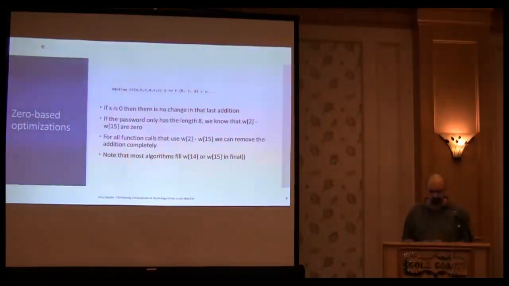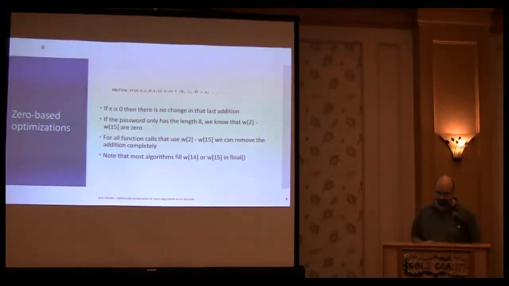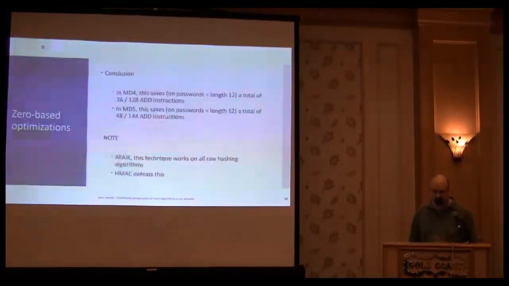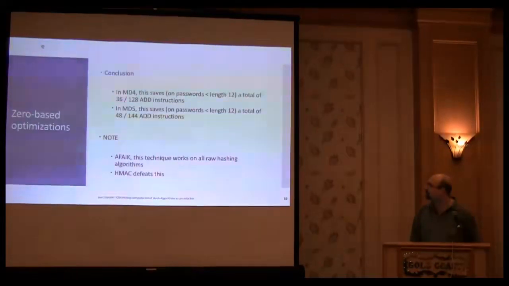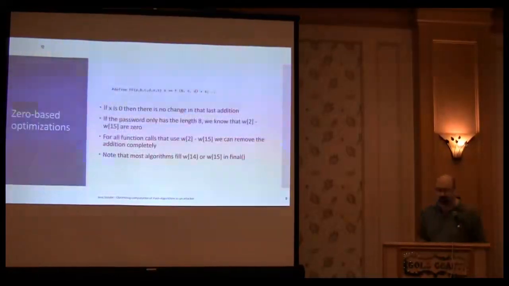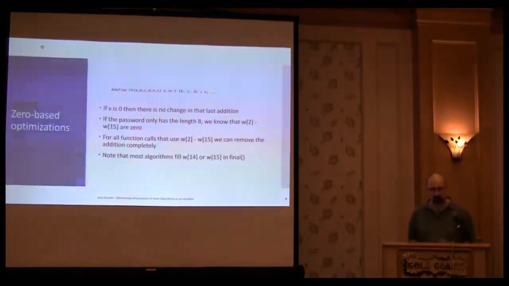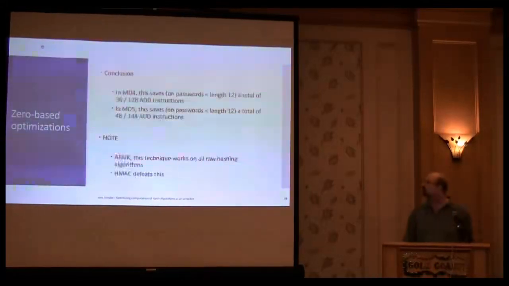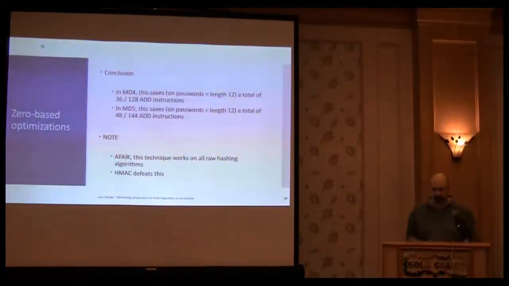If x is 0, and we know that the password has only the length 8, we do not need to use this addition, that plus x, because something plus 0 is the same value as it was, so we can completely optimize this out.